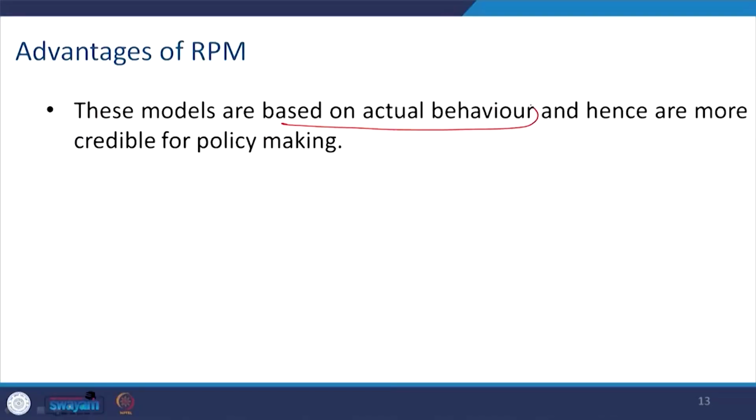So, what are the advantages of this method? Once you understand the basic revealed preference framework and methods, we can say that these four methods are based on actual behavior.